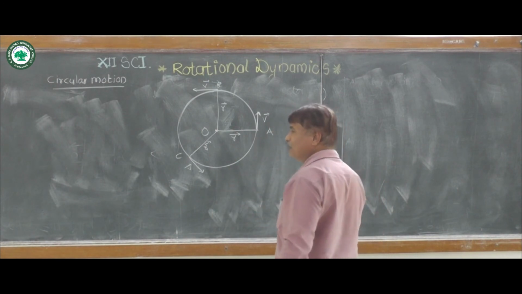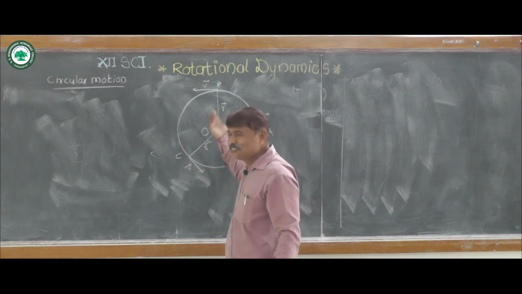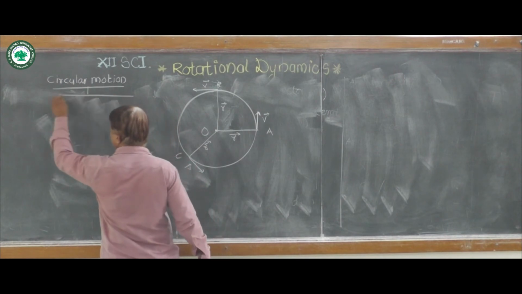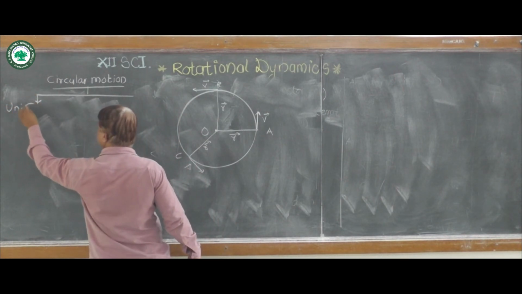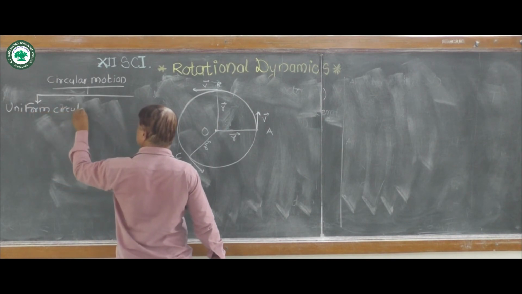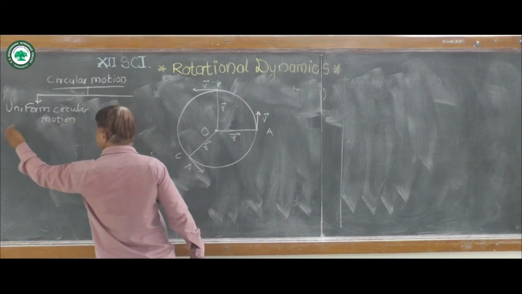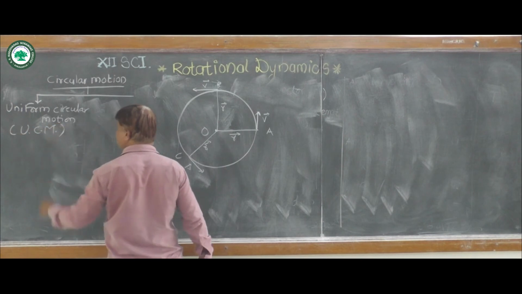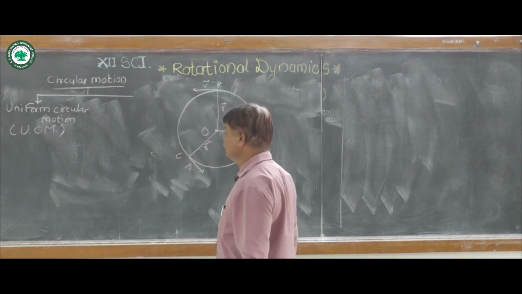Or in other words, we can say that linear speed remains constant. Such a type of circular motion is called uniform circular motion. In short, we write UCM. U stands for uniform, C stands for circular, and M stands for motion.